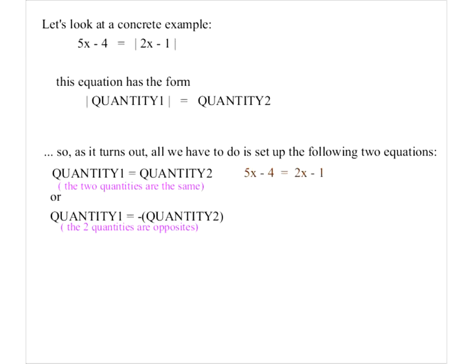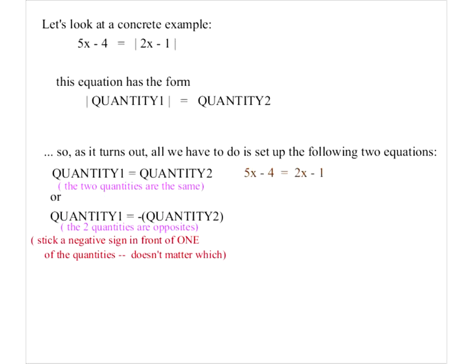Yep. A couple of you guys are starting to write it. You just stick a negative sign in front of one of the quantities. And in fact, it turns out it doesn't even matter which quantity. So just to be sure, stick a negative sign in front of one of the quantities.